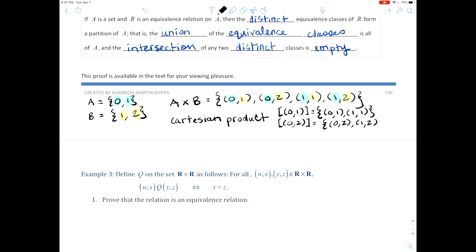And then do you see that the class of (1, 1) would equal the class of (0, 1), right? Because the second coordinate in the ordered pair is 1. And the class of (1, 2) is going to equal the class of (0, 2) for the same reason.